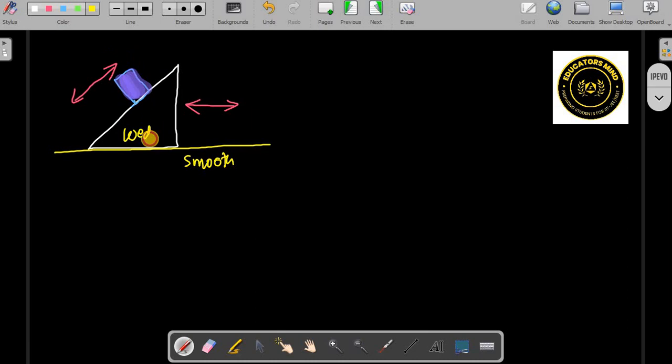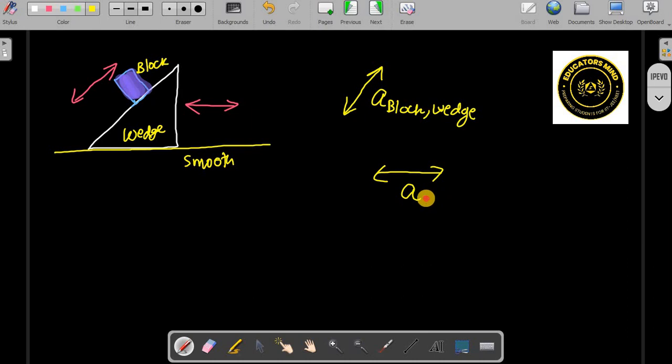The acceleration of the block with respect to the wedge will be along the inclined plane. The acceleration of the wedge will be in either direction, because we don't know the net force. This horizontal direction will be the acceleration of the wedge with respect to the ground.